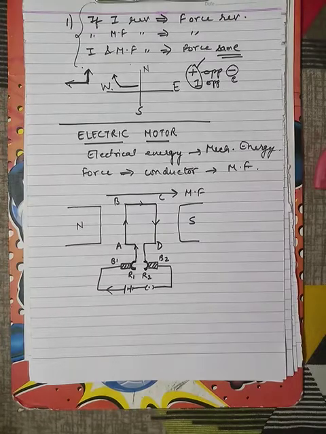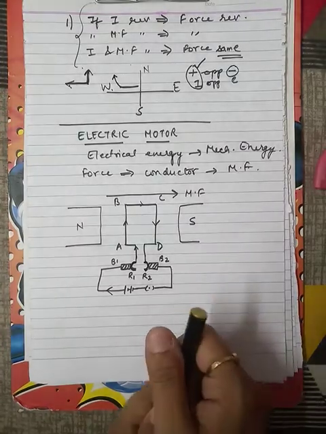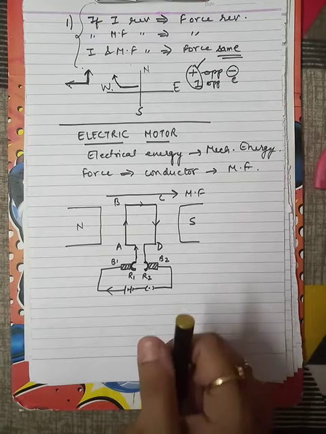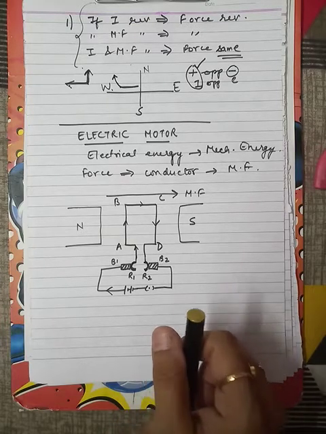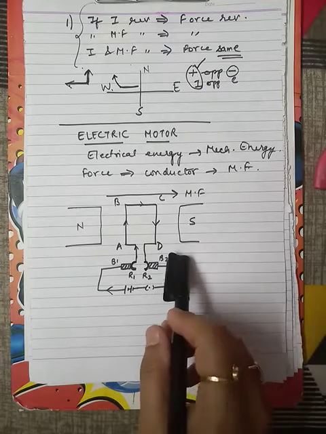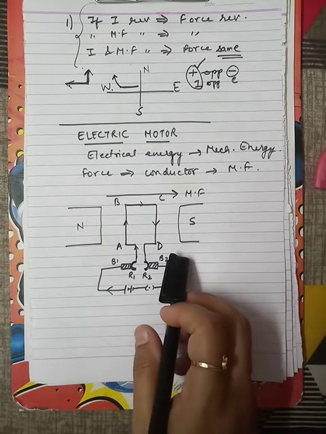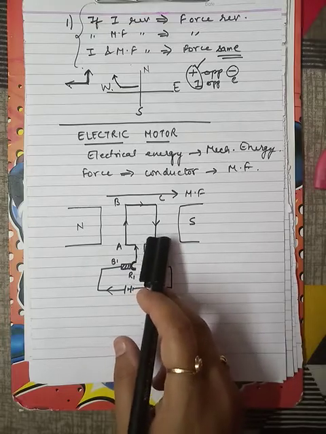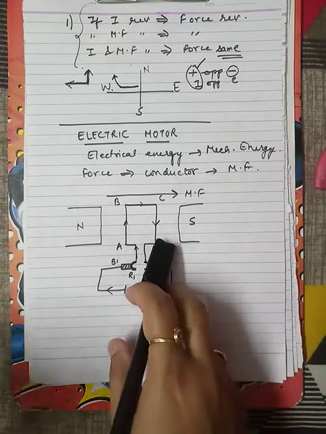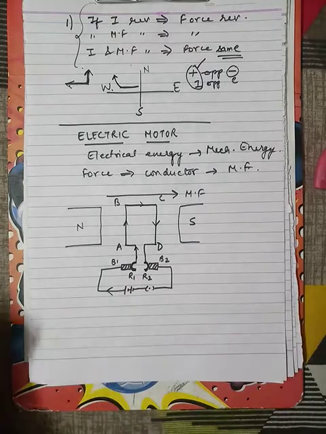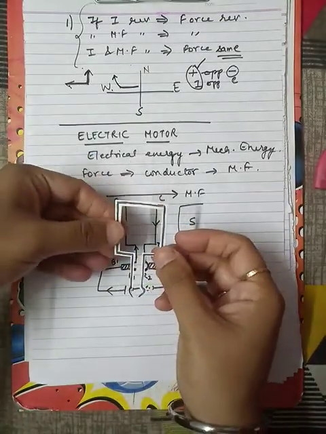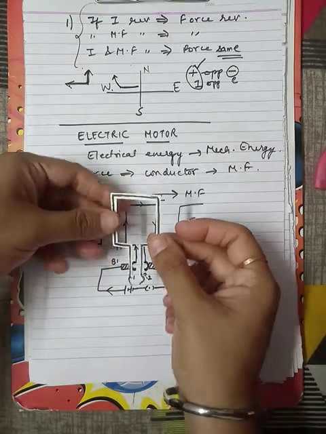Now how does it work? The basic principle we know is based on the force that is acting. If we know the direction of force, then we will be able to understand in which direction this rectangular coil will move. For better understanding of the movement, we have a 3D view made of paper.